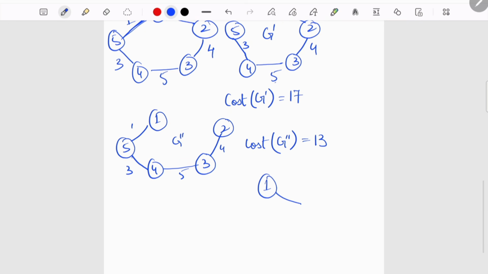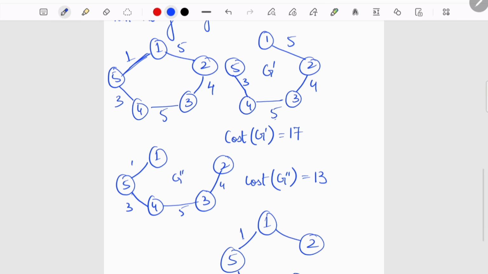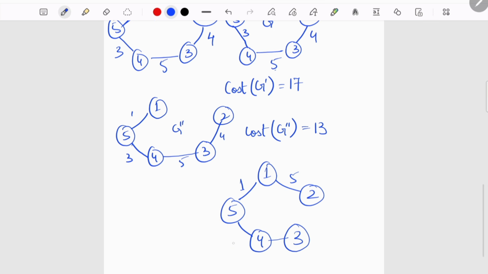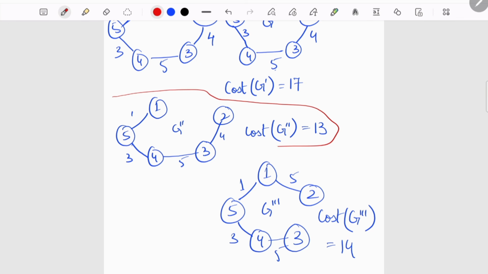Say I have a spanning tree like this, as I drew earlier, connected to 4, this is connected to 3. Now what will be the associated weights? If this is G''', then what is the cost of G'''? If you do a sum, 6 plus 3 is 9, plus 5 is 14. So you can see that this particular spanning tree has the minimum cost.